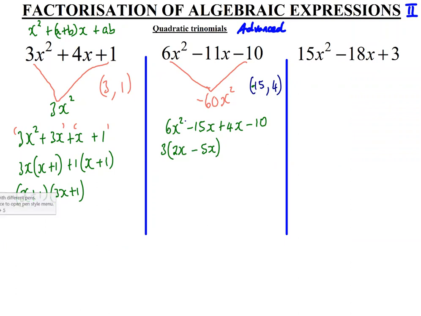Okay, so let's have here 2x minus 5, and also we don't have the x here. Okay, then in the second part here, we're going to take out plus 2 because 2 goes into both.